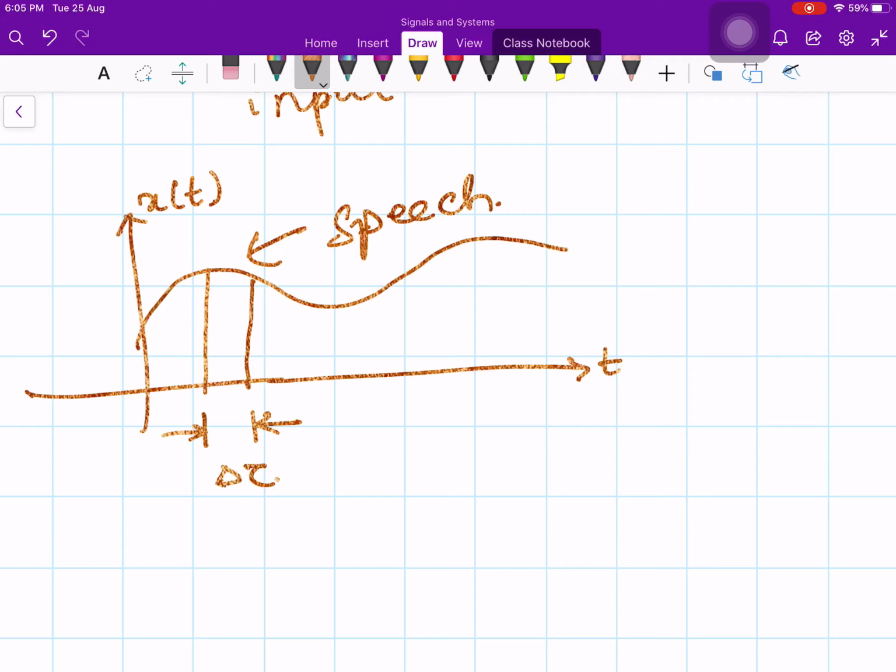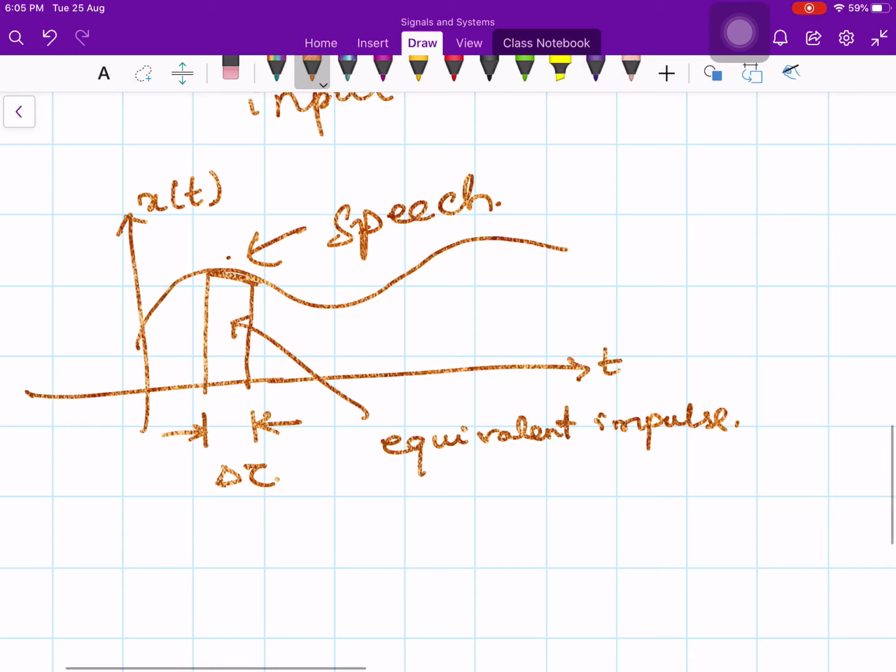So this is a narrow section of time, and this area can be replaced by an equivalent impulse. Here this region I can approximately treat as constant. This height is called x of tau.